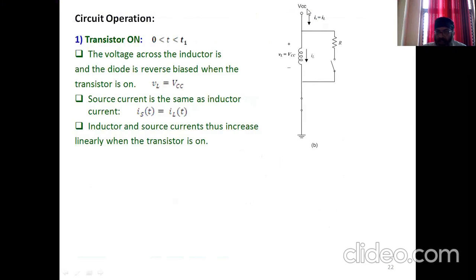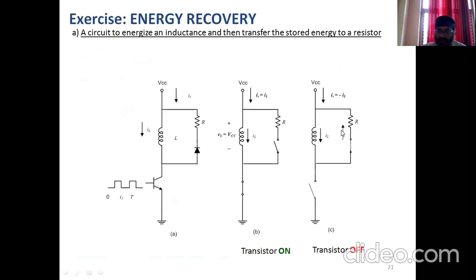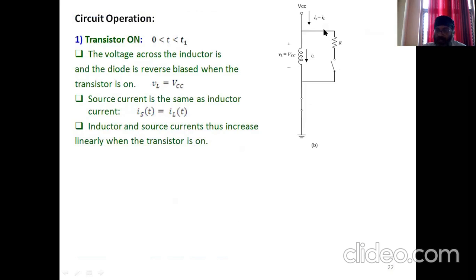And the complete supply voltage VCC is applied across the inductor, because the inductor is initially de-energized. And then the current slowly starts to build up. And this diode is reverse biased when the transistor is on, so the diode is turned off.